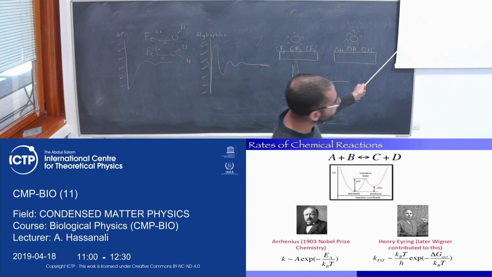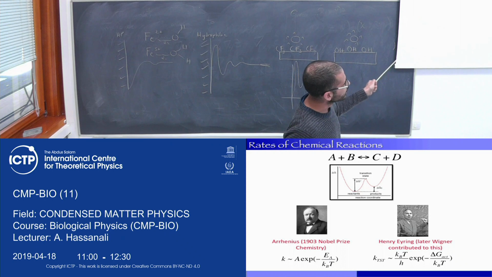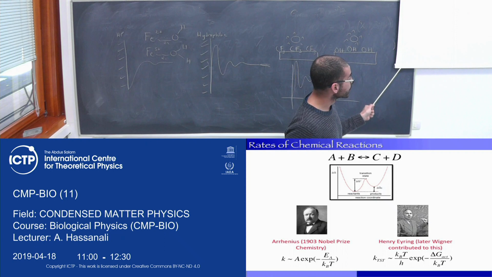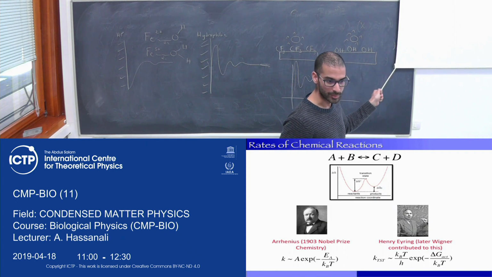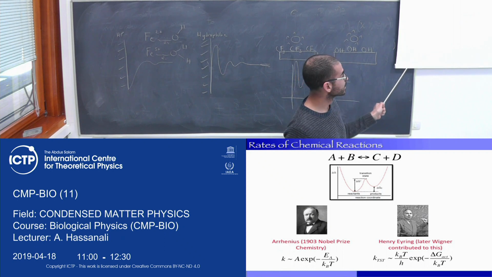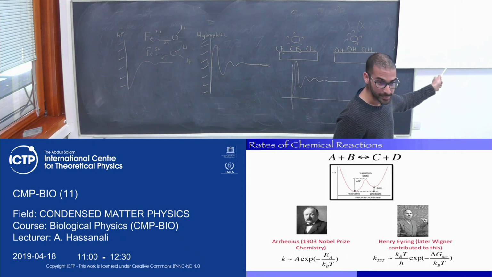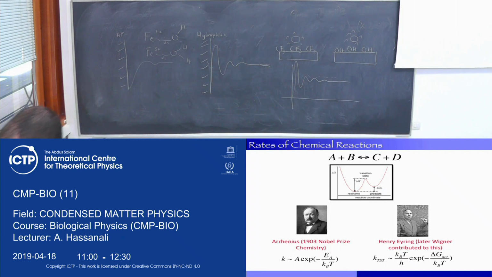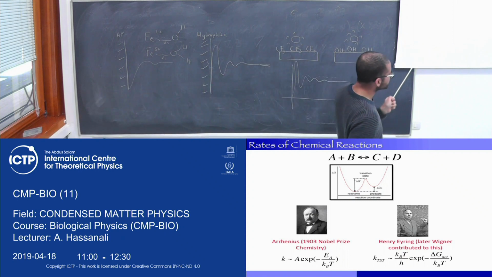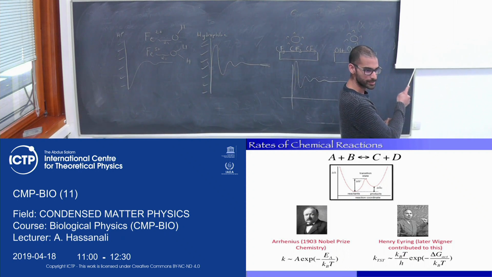Of course, before Rudy, Arrhenius, who got the Nobel Prize in Chemistry, had already shown that the rate of a process is related to the exponential of the barrier. The temperature dependence of this allows you to infer the barrier and this pre-exponential factor. And then later on, Henry Eyring and also Wigner, Eyring was a chemist, Wigner was a physicist, came up with a very similar expression, so this was empirical.